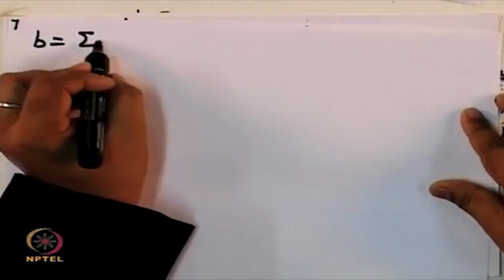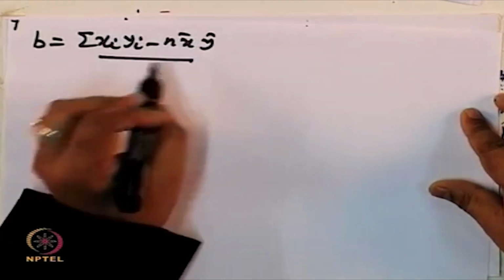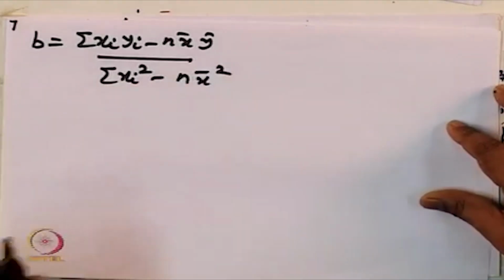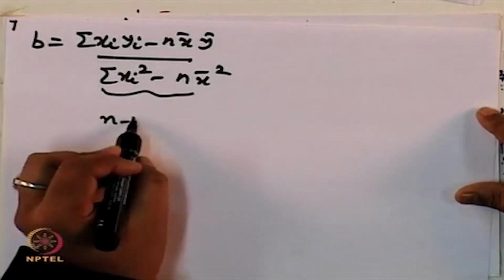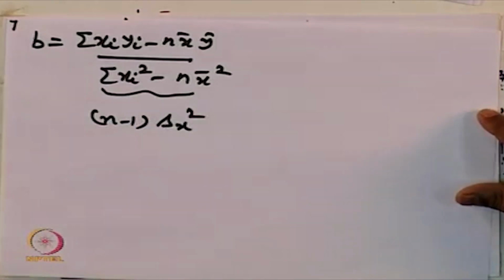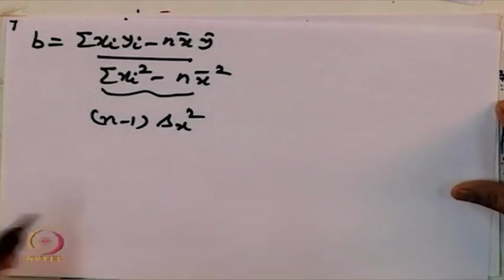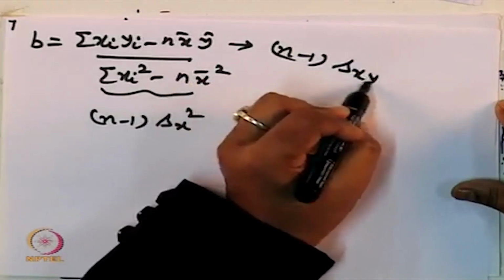Okay. So, let us see what is this, so again I will write down the expression for b, summation xi yi minus n x bar y bar by summation xi square minus n x bar square, right. So, what is this? This is nothing but n minus 1 into sx square. And this we found was n minus 1 into s x y. Okay.